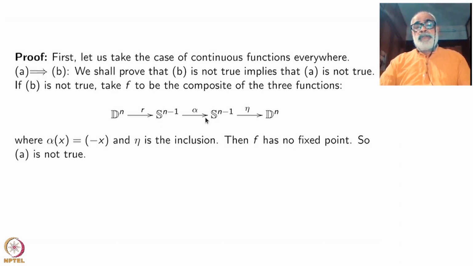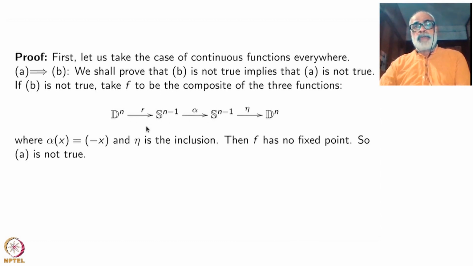Okay. See, if this whole thing is f, fx equal to x first of all means that the point x has to be on the boundary, because fx will be in the boundary here, Sn minus 1. But on the boundary, this is identity followed by x going to minus x.